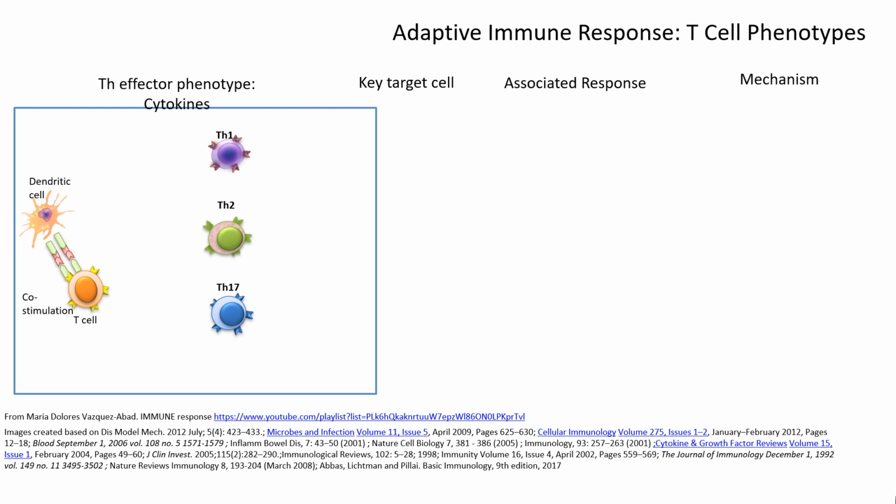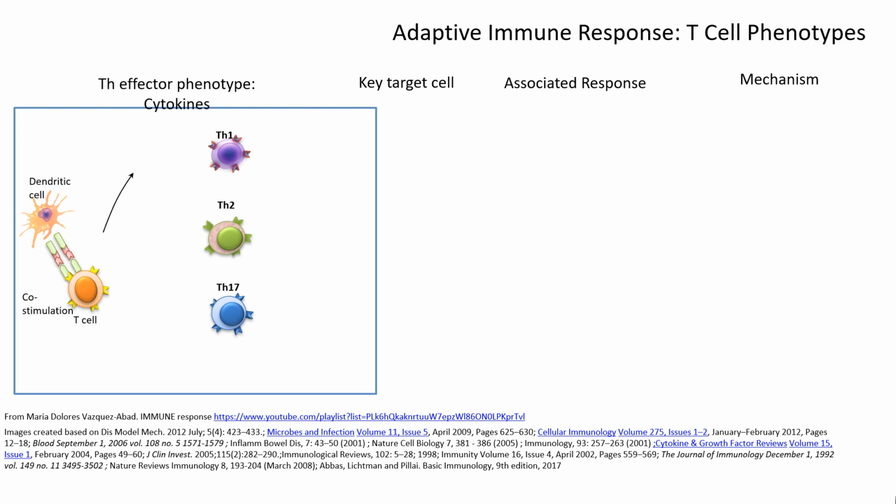The Th phenotype adaptive immune response is characterized by three key phenotypes: Th1, Th2, and Th17. Depending on the antigen presentation by the dendritic cell, that epitope that is presented to the T cell is recognized by the T cell receptor.